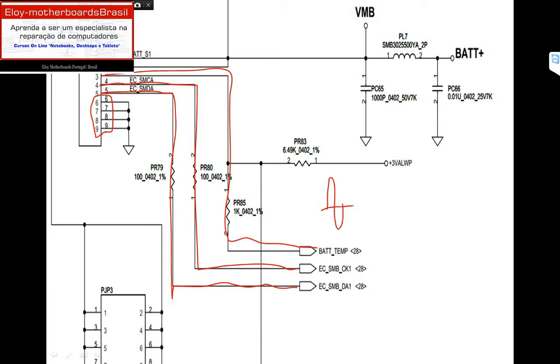Hey, listen, I'm out of the laptop. So there is a communication between the battery and the computer. That communication is made by two circuits, the circuit from the battery and the circuit from the computer, so they communicate with each other. And how? With clock and data. We will have data.